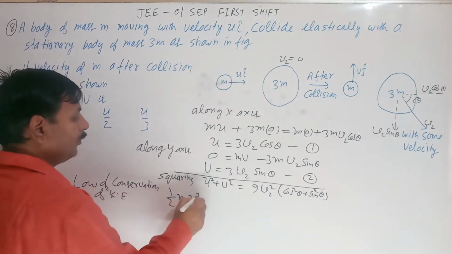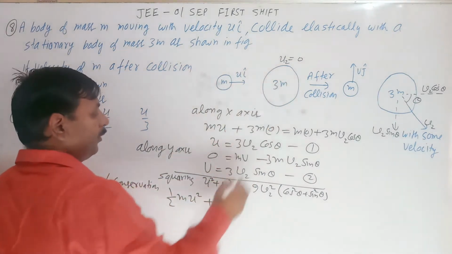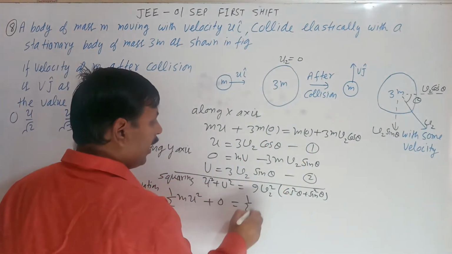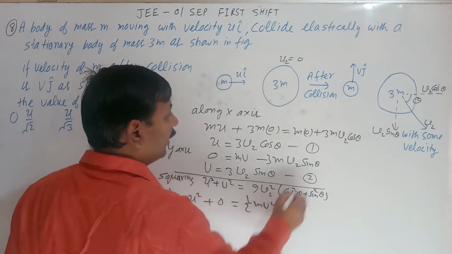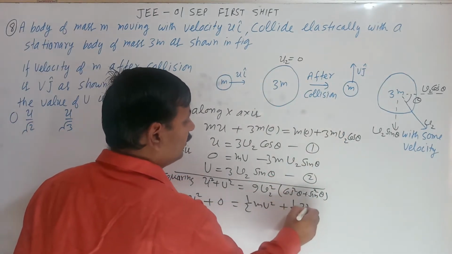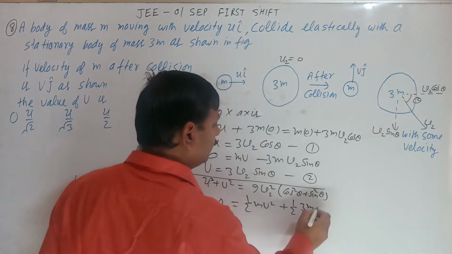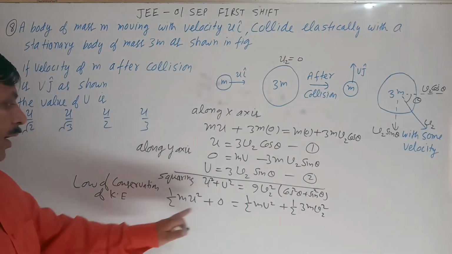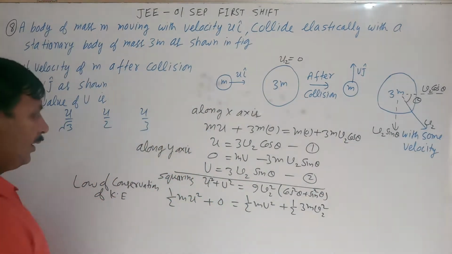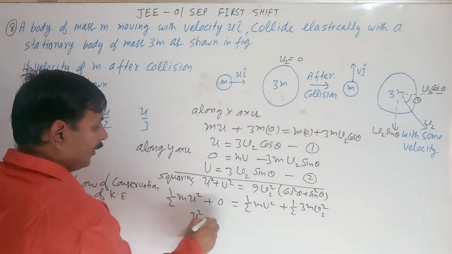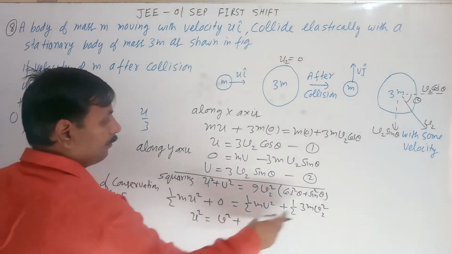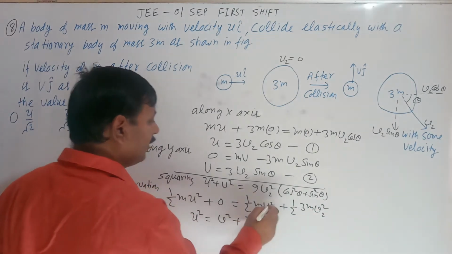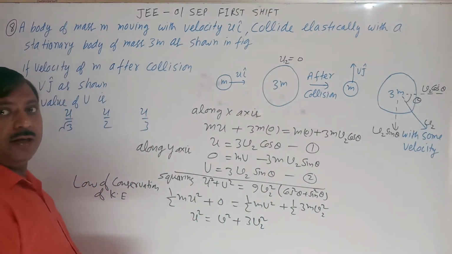Half m u square, since the velocity of the second body is 0, is equal to half m v square plus half 3m v2 square. Half and m cancel, so u square is equal to v square plus 3v2 square.